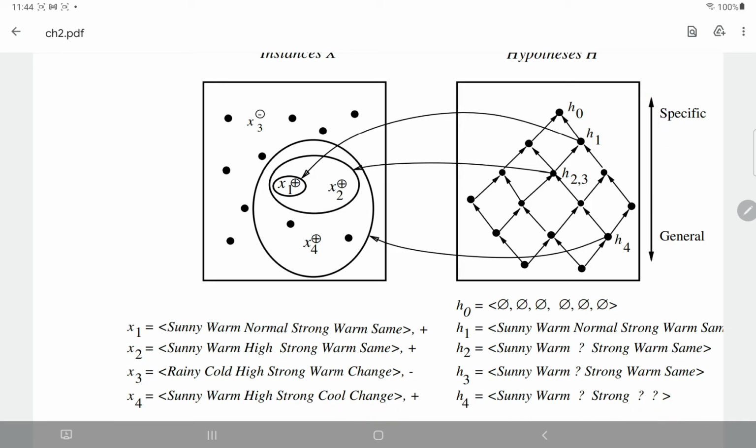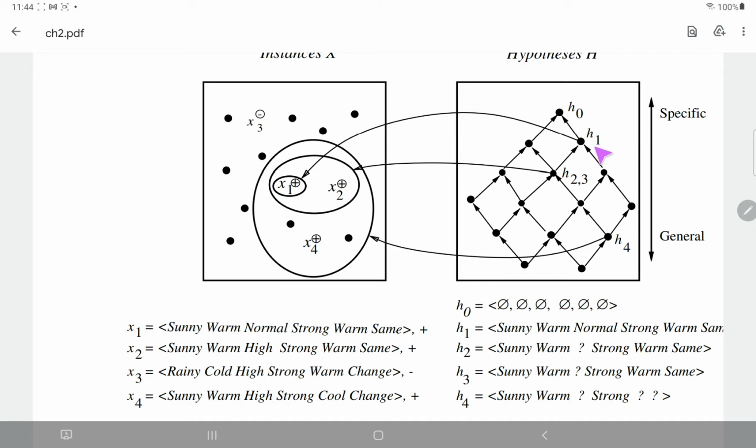So guys, what I want you to know is we start with the most specific one, and then we change it into H1 that is more general. So you can see that H0 cannot cover any data, right?